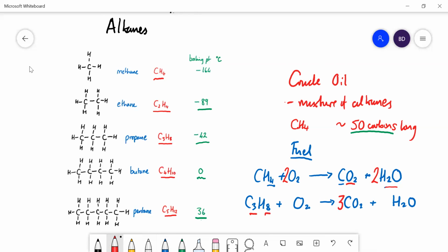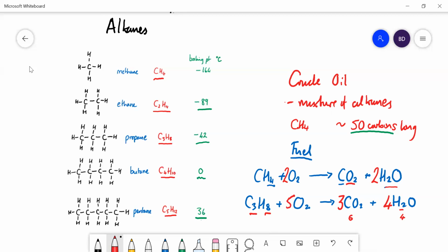And we've got 8 hydrogens there, and only 2 there, so we need to form 4 waters. Then we need to add up: we've got 6 oxygens in the carbon dioxide and 4 in the water, which makes 10. So we need a 5 in front of the O2. Okay, you'll notice the alkanes which have got even numbers of carbons are a bit trickier to balance, but I'll let you do them by yourself.